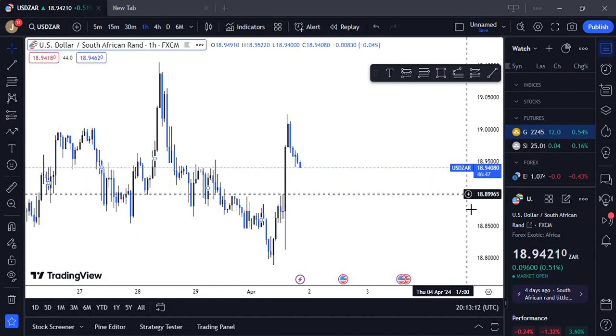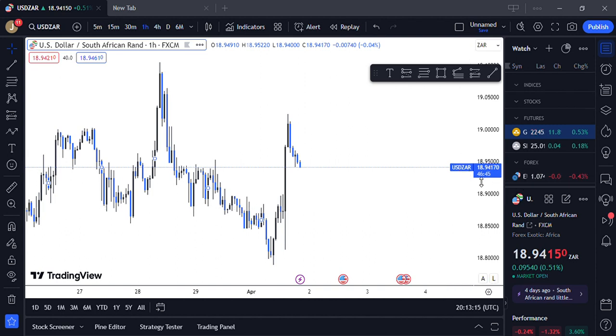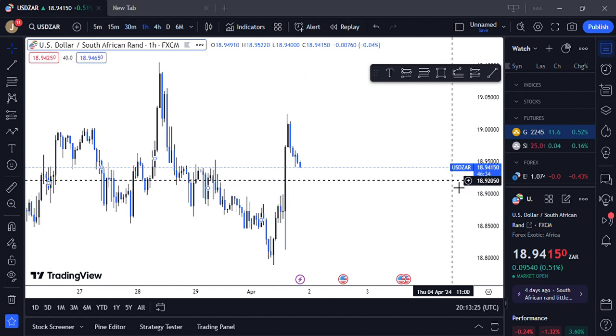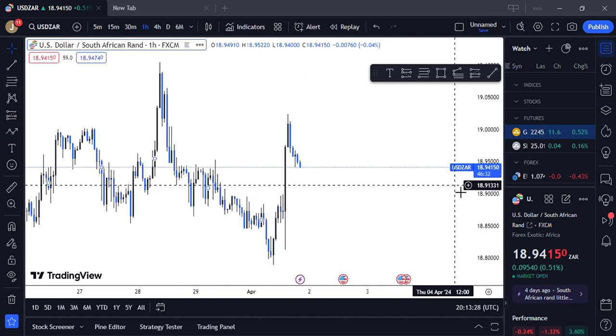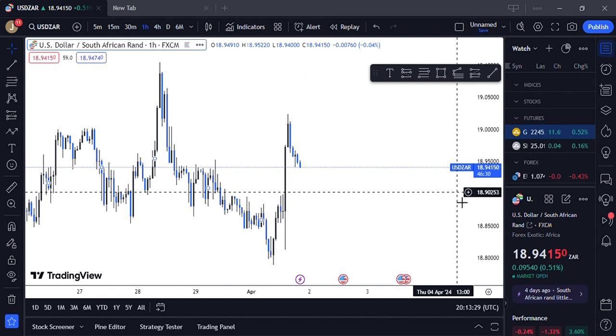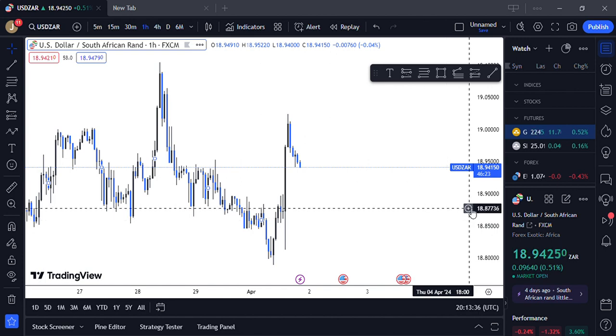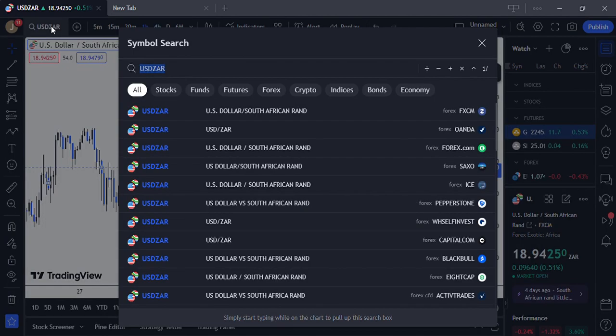Remember what we said, to get $1 it's 18.94. We compare the ZAR to USD. We call these things pairs, because there are two. So we compare from the second one to the first one. We say 18 Rand is equivalent to $1. Understand? So let's go back to XAU USD.